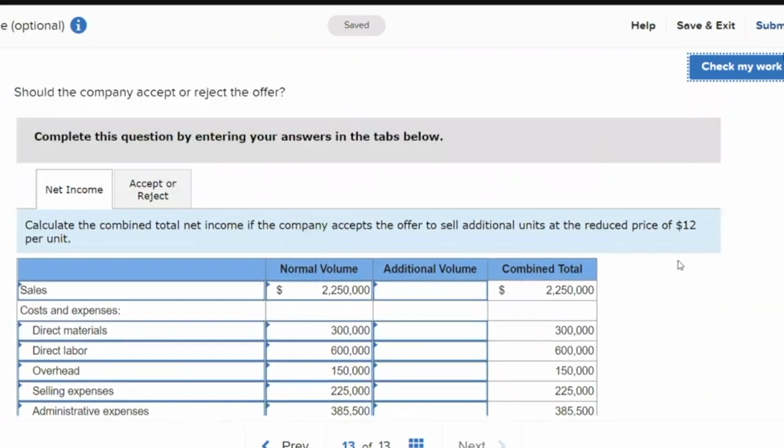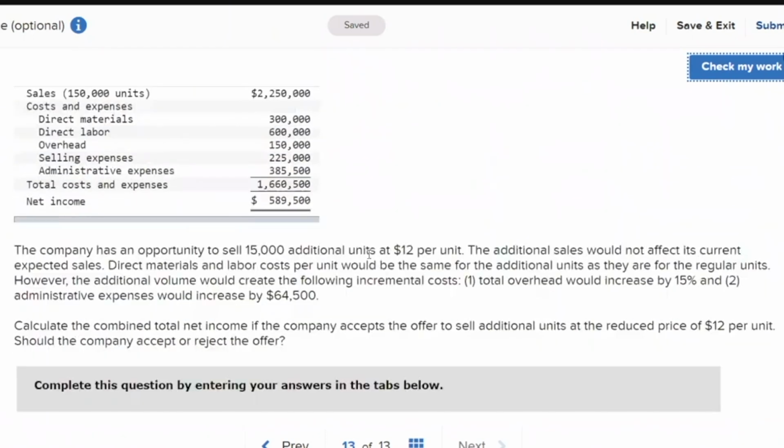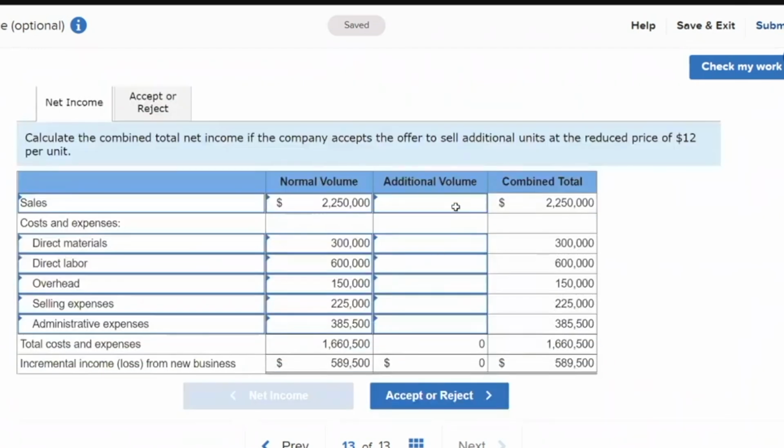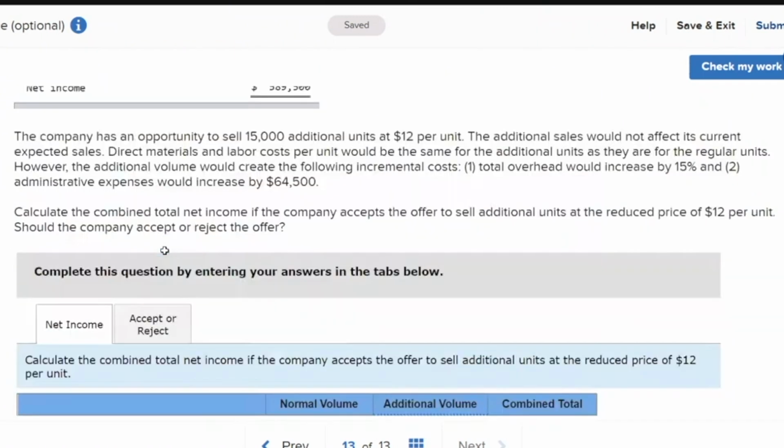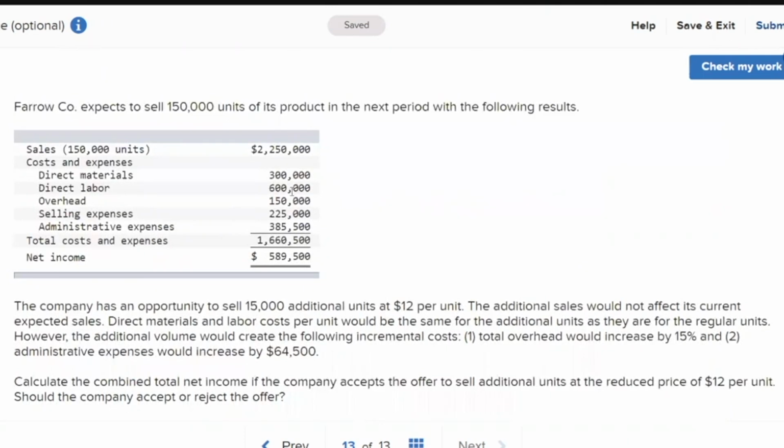Additional volume. This is the additional sales, right? So 15,000 units times $12. That is 180,000. It says that direct materials and direct labor would be the same. Oh boy, you see what they're making us do, right?